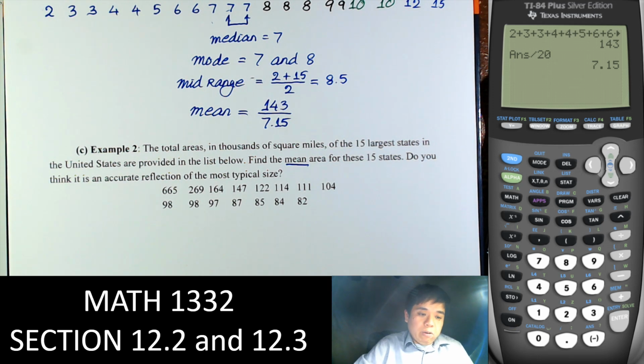So we're going to add all of them up: 665 plus 269, 164, 147, 122, 114, 111, 104, 98, 98, 87, 85, 84, and 82. With that, divide by 15.